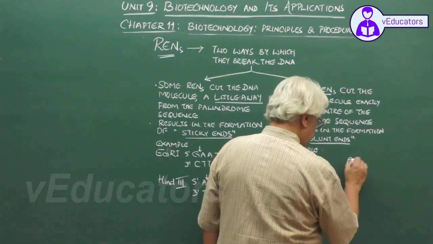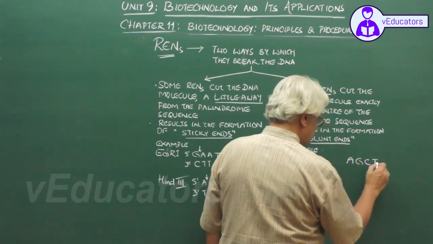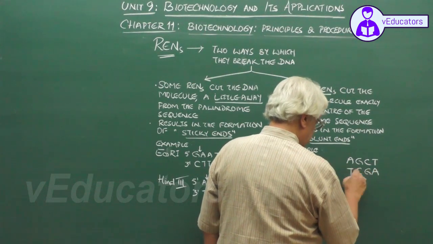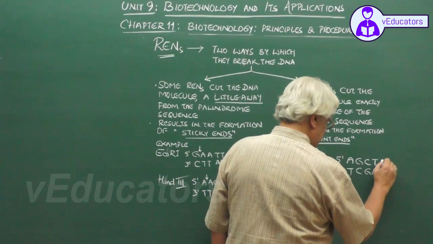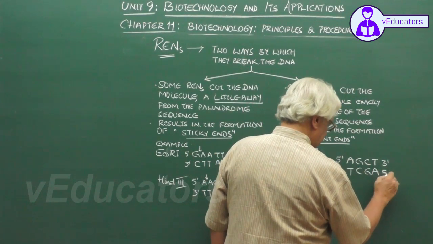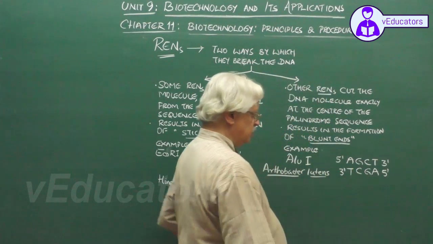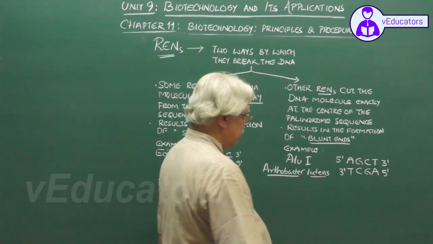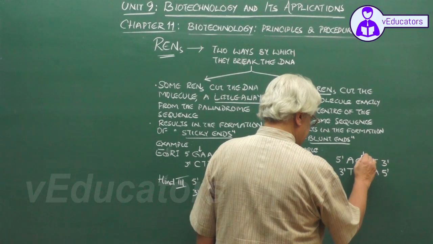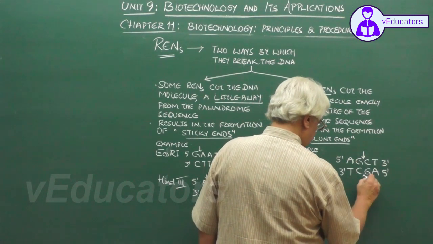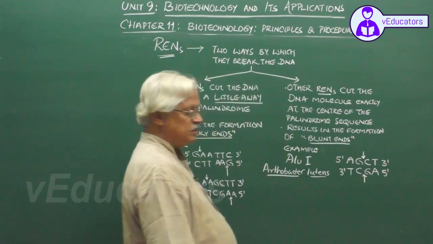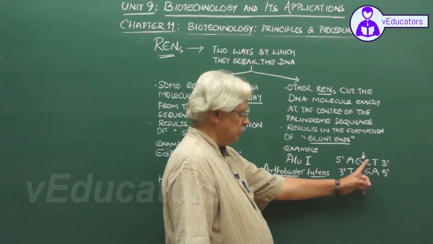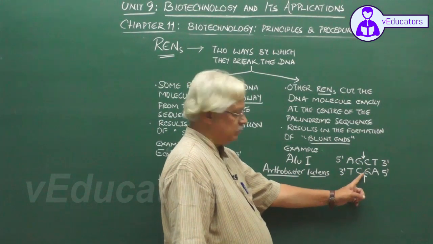This cuts the DNA molecule having a palindrome sequence like this: AGCT. This enzyme cuts exactly in the center of the sequence. Therefore, the ends will be blunt ends.